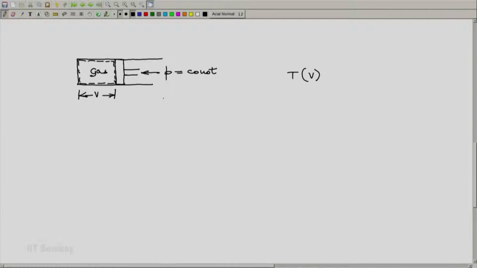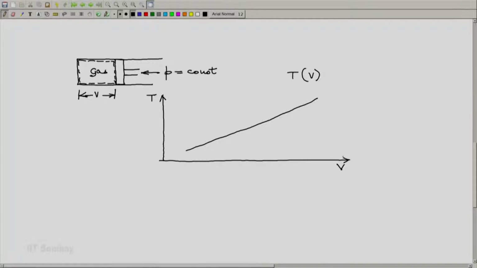As we do the experiment, we find that as the temperature changes, volume will undergo a change. So you will get some line like this, which will calibrate our temperature to the values of volume, and then we can measure the volume at, say, ice point, assuming that ice point and steam point are still our fixed points.